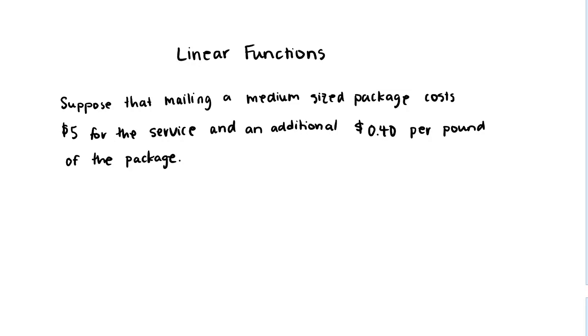And so there's a relationship here between the cost of mailing this package and the weight of the package. Right here we might notice that it feels like the cost depends, right, the cost of shipping the package depends on the weight of the package.